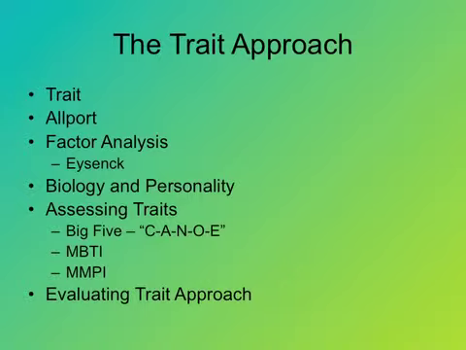And then the MMPI is the Minnesota Multiphasic Personality Inventory, which was originally used to determine emotional stability. Not so much for that purpose anymore, but a lot of employers like to use the MMPI to determine whether or not you'd be a good fit for their company.